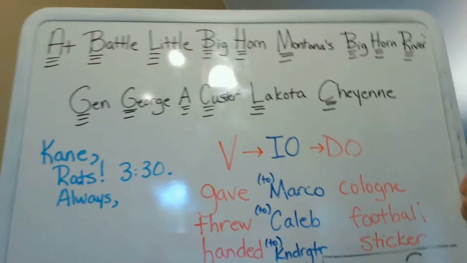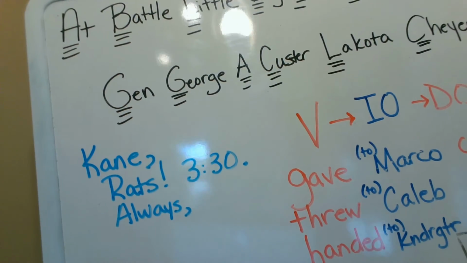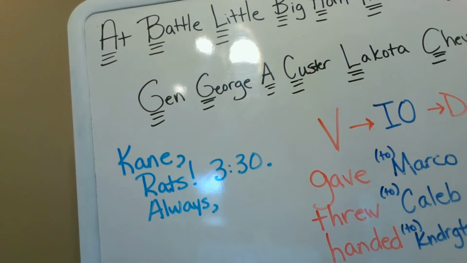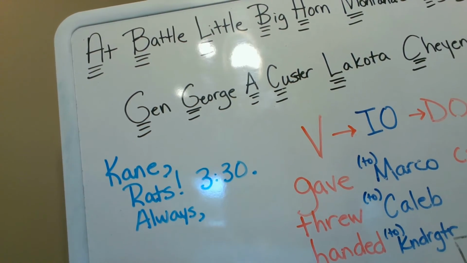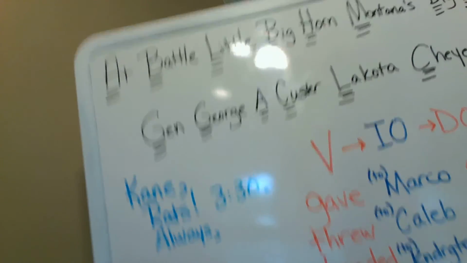So that would be rats, exclamation point. I forgot to tell you to meet us at 3:30, period. Or it could be an exclamation point. Always, comma, Trish. I don't know if the always is going to stand if she keeps forgetting to tell him to meet. He might be done with her.